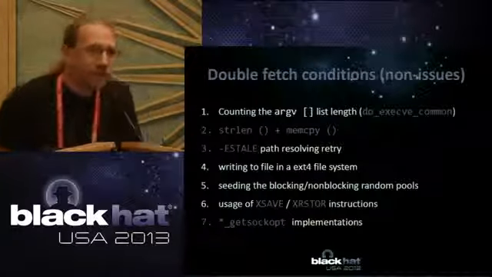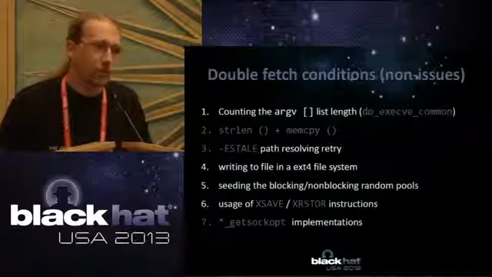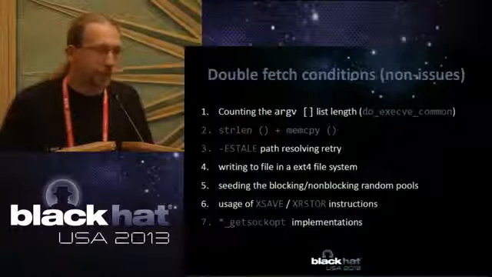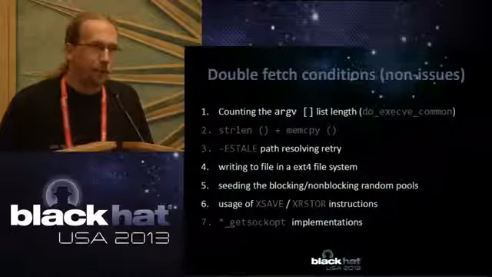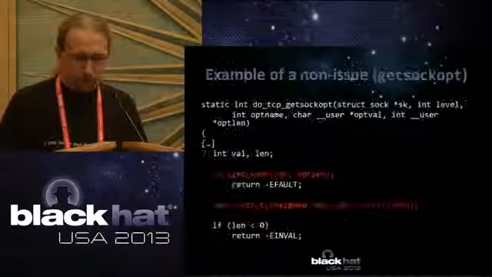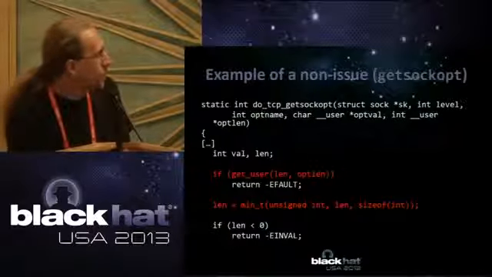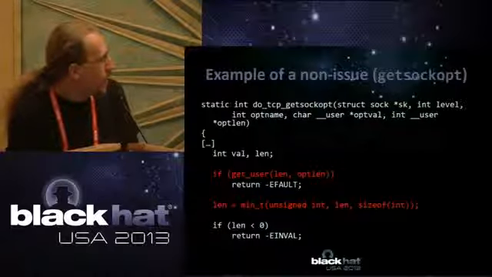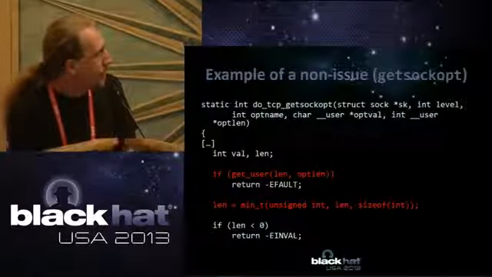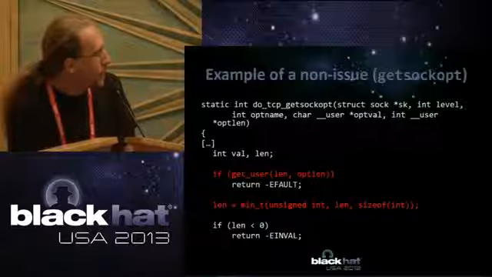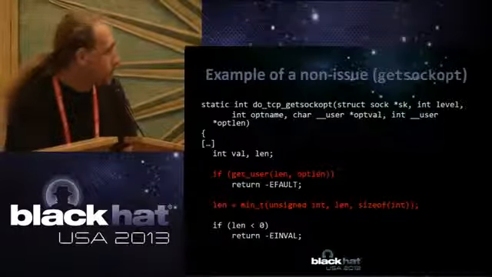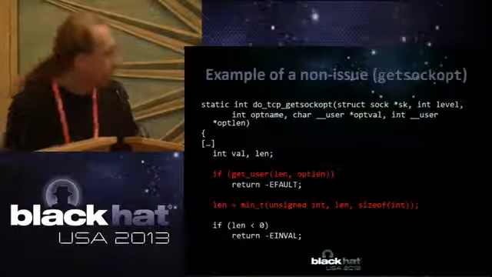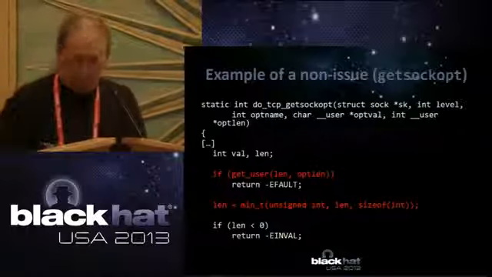That doesn't mean we didn't detect any double fetch conditions. We did, actually a couple of them, but there are no exploitable ones. I'm going to talk about one in do_tcp_getsockopt. There's a get_user call that gets optlen from this pointer, gets the length, the integer, into this integer variable, and then does something to it, calculates a minimum value.